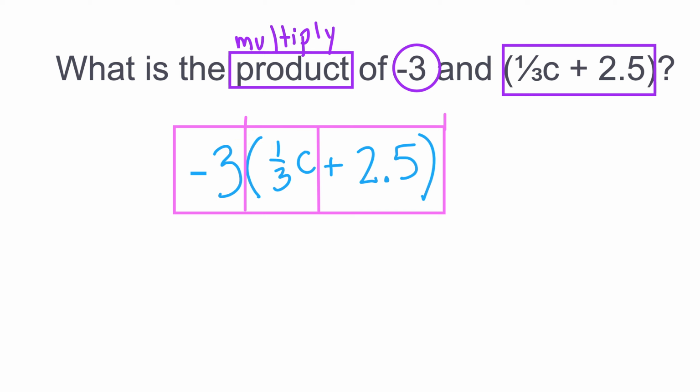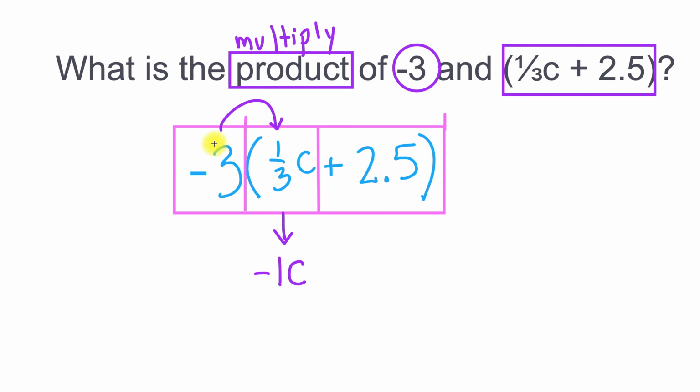So let's do this. We've got -3 times positive 1/3 c. And when we multiply -3 times positive 1/3 c, we just get -1c, or just -c.